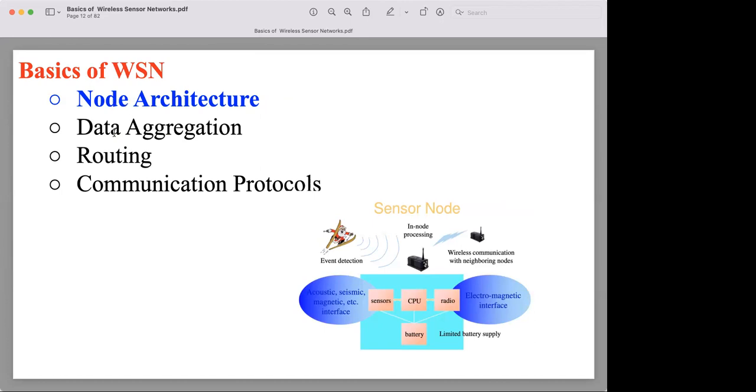Then how this node can aggregate data, aggregation algorithms, protocols and other things come into the picture. Then if aggregation is over, how to route this data to the sink node. And finally, what communication protocols are required to communicate this information to the sink node. So if we think about the deployment of a wireless sensor network, we need to take care of all these 4 dimensions. So very first, we come to the node architecture.